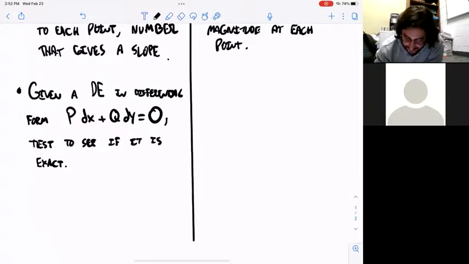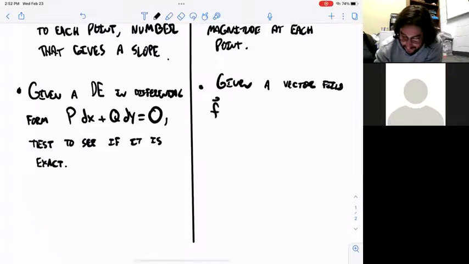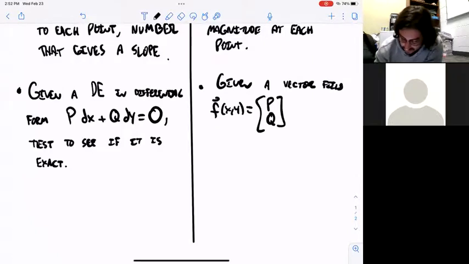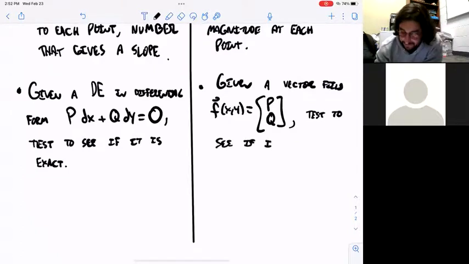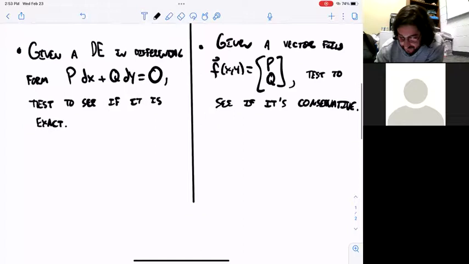And this, I claim, corresponds perfectly to the idea that in Calc 3, given a vector field F with components P and Q, let's test to see if it's conservative, right? So these are two things that we do in these courses. I claim that these are exactly the same method. Here they're pretty much identical.